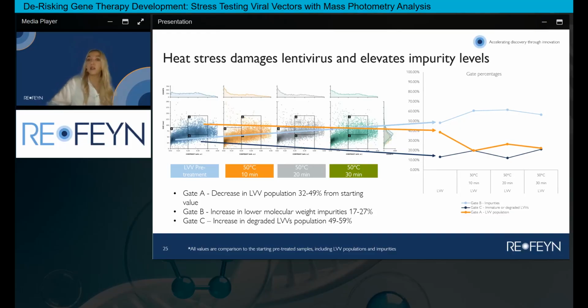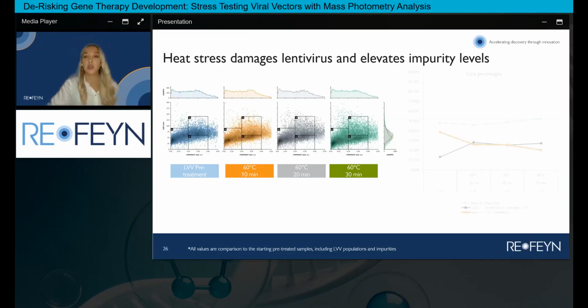And again, we see the decrease in lentiviral population from the starting value, which is a very good indication that these capsids started degrading, and then there is a much higher increase in lower molecular weight impurities and the increase in degraded population as well.